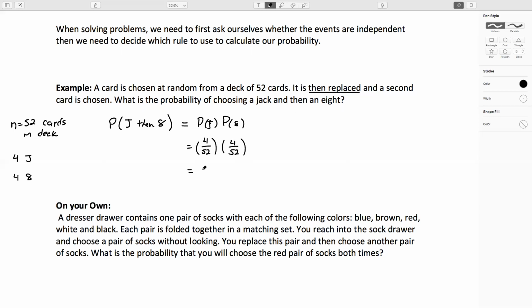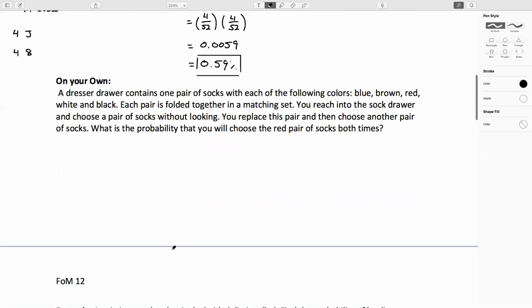This simplifies to 0.005459, which is about 0.59%. So roughly 1 in 200 times you pull 2 cards out of the deck, you'll get a jack then an 8. Not incredibly likely, but it's also possible, and it's not like it's a 1 in a million probability. So let's try another one.